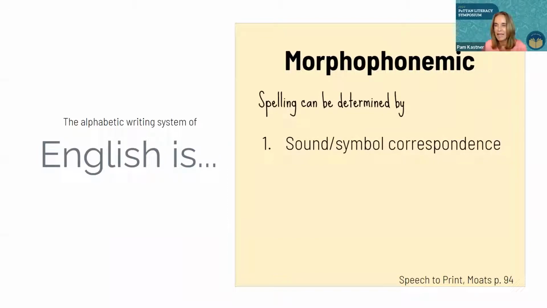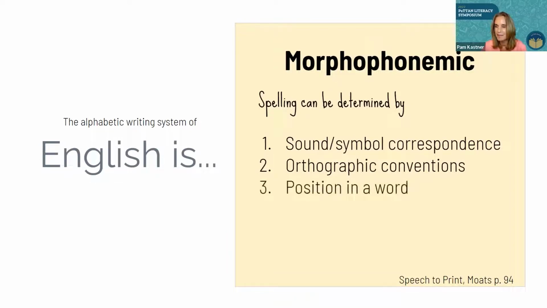We spell by sound symbol correspondences, which means we map phonemes, sounds, to symbols, graphemes, letter and letter patterns that represent phonemes. We spell with orthographic conventions and by syllable types. We spell by position in a word. Where the phoneme falls in a word will determine many times how we will spell that phoneme with a grapheme.